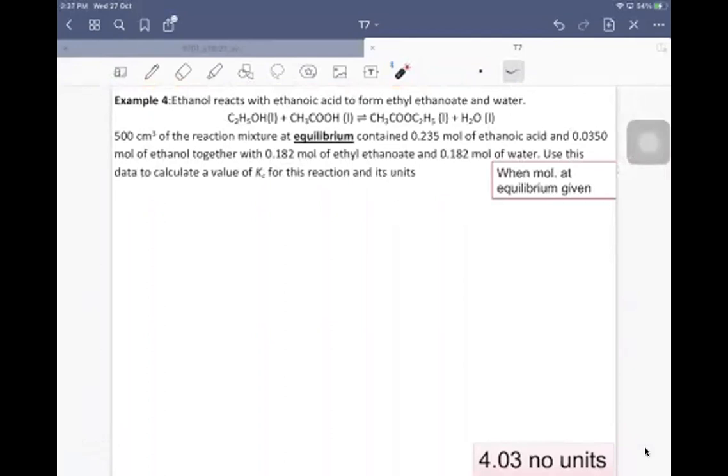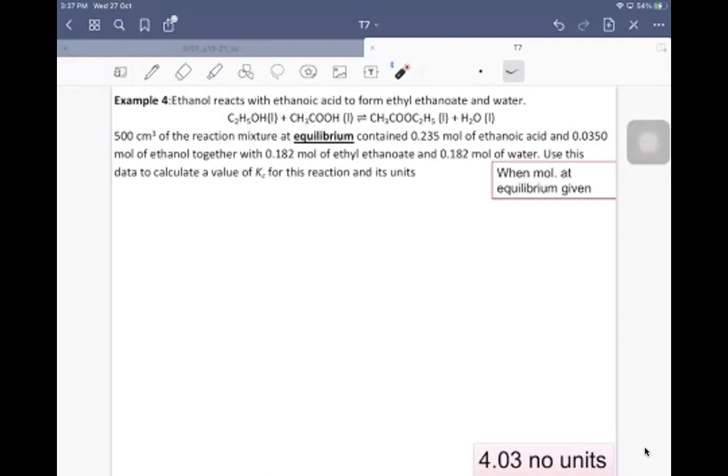So you need to read the question carefully, whether they are giving you the initial amount or the equilibrium amount or how much that have reacted.